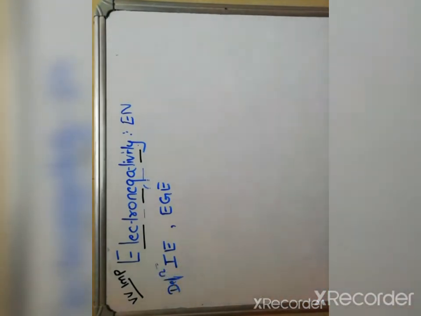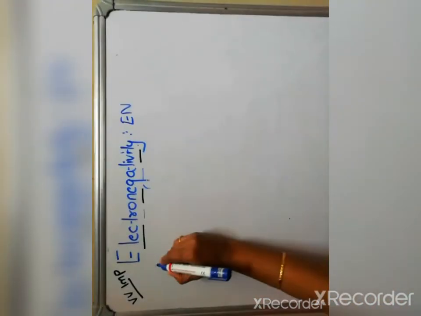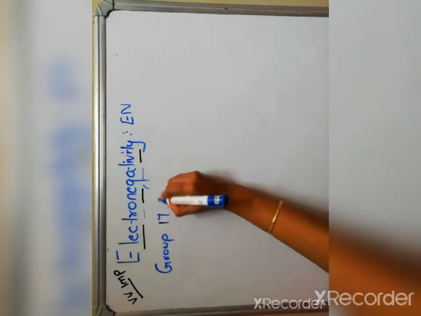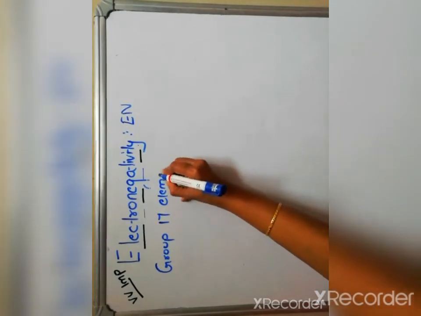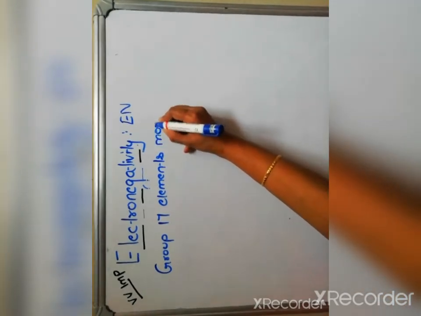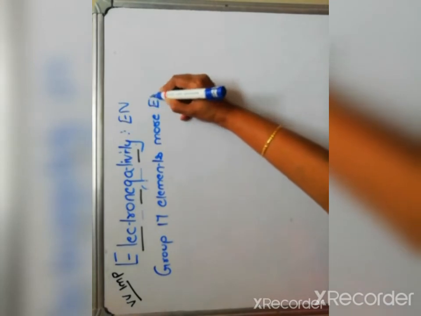Now we will come to electronegativity. We already know the term electronegative elements. Which group elements are called electronegative elements? Group 17 elements are called more electronegative elements, right? Why are they called so?